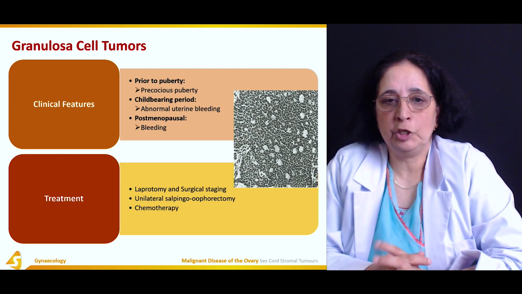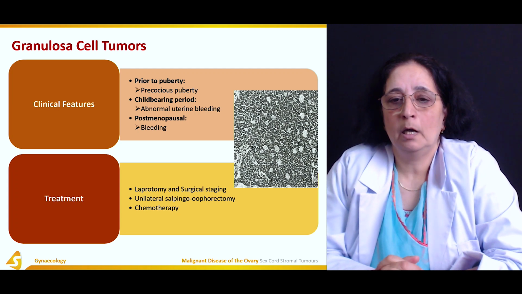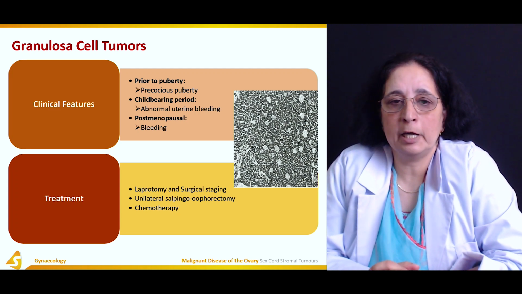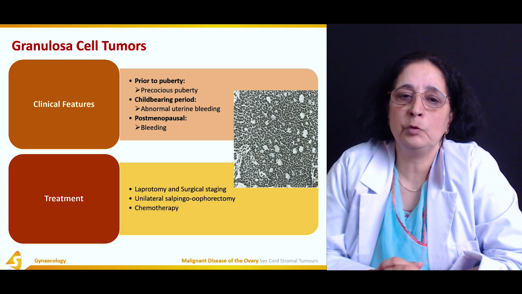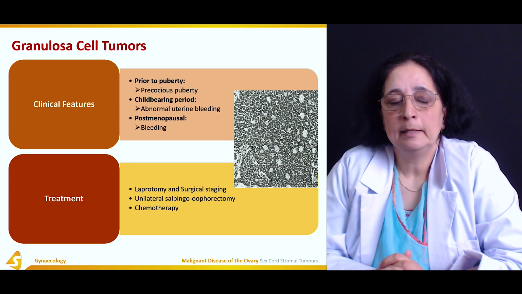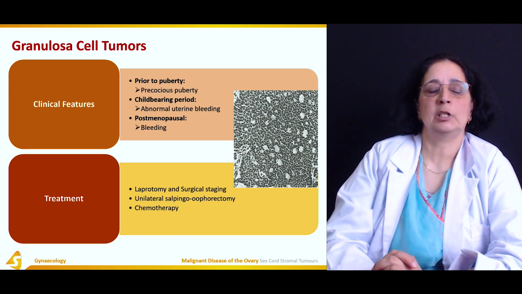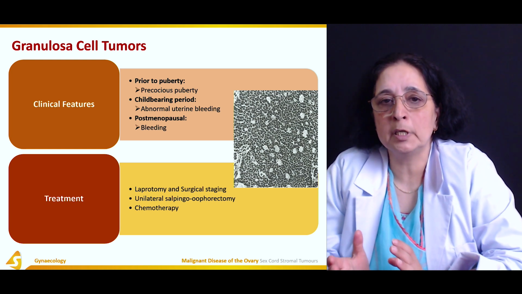Some clinical features of granulosa cell tumors depend on the age at which they are present. If they are present before puberty, that leads to precocious puberty. Precocious means early onset of puberty.